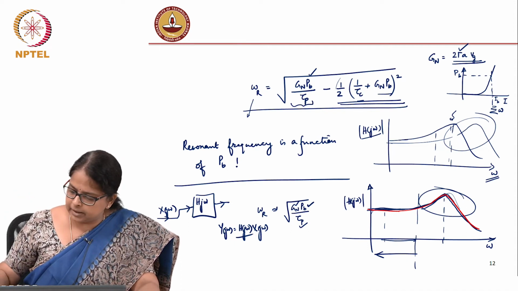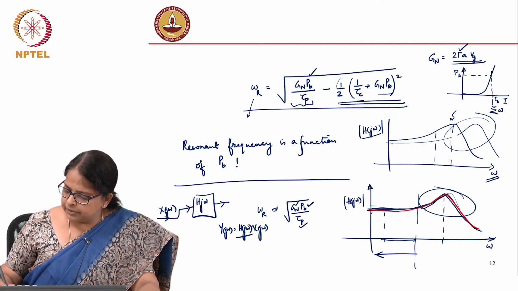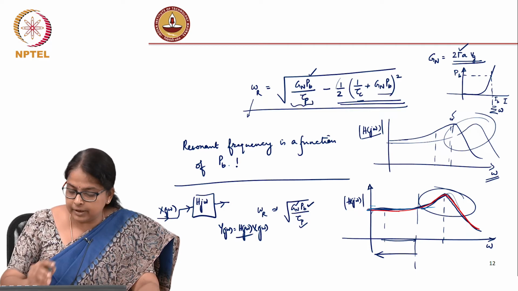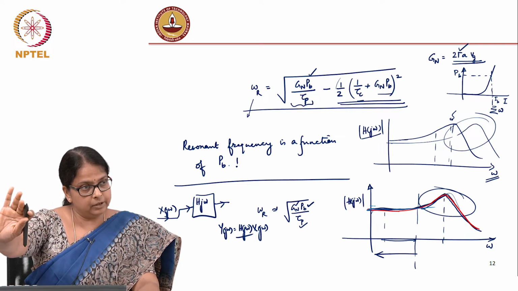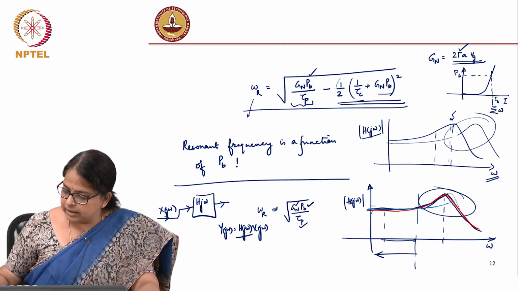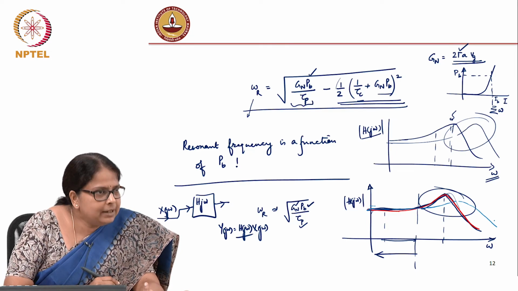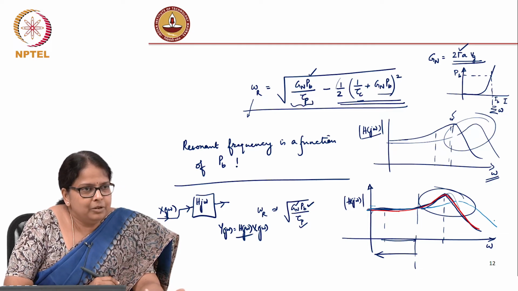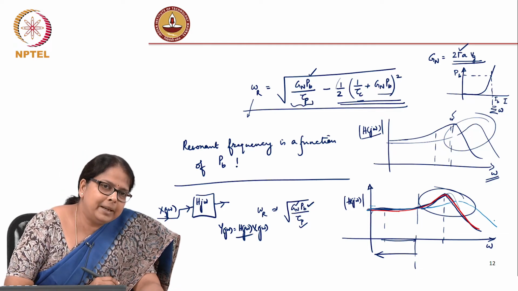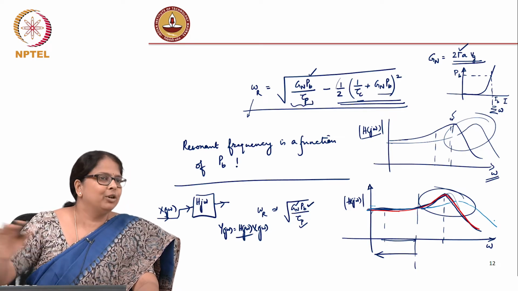I change the operating bias current, and your response, if you are normalizing with respect to this, first of all, the resonant frequency gets pushed to a larger value, and it turns out that it will start getting damped also. So, for a given laser, you can find out the sweet spot, the optimal bias current for which you get a large modulation frequency.